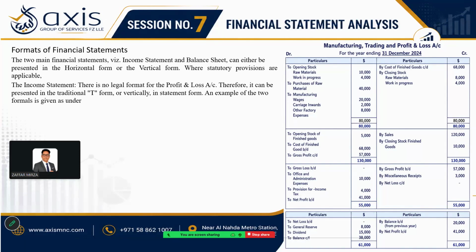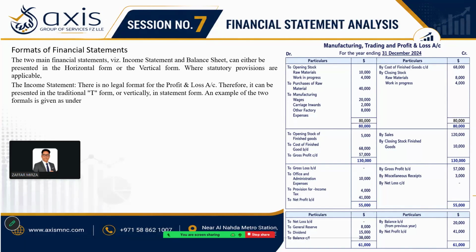But here you can see two opening stocks. In our first class, we understood two businesses: the trading business and the manufacturing business. In the trading business, we buy the finished product and sell the finished product. In the manufacturing business, we buy the raw material, convert it, and sell the finished product.